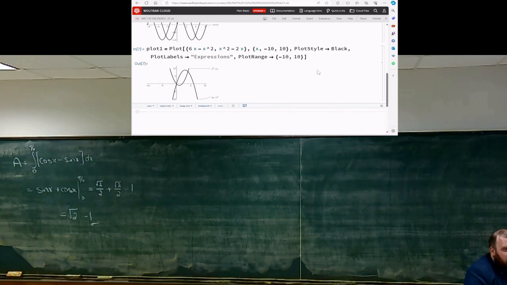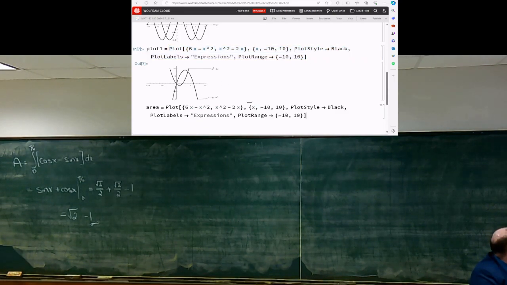All right, so what is the area we're looking at? Well, it's the region between the two curves, right? So it'd be in here, right? So for the most part, it's going to be the same.